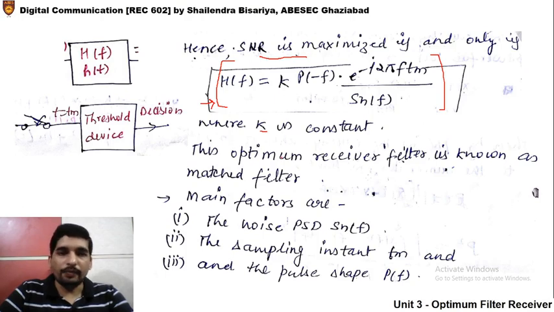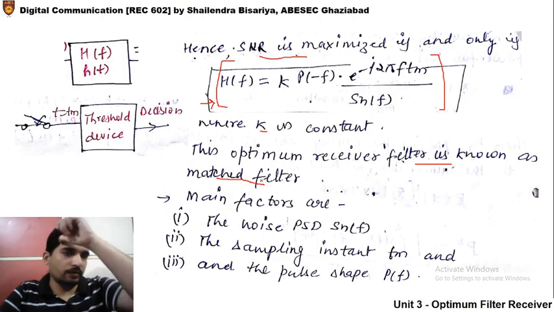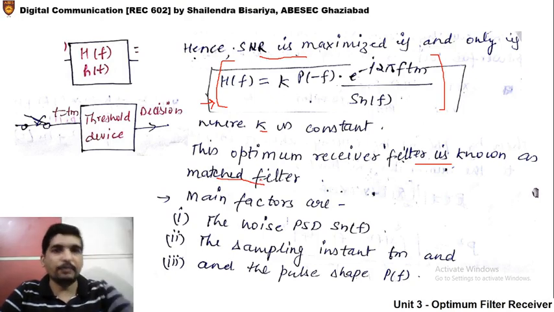Now the optimum receiver filter is known as matched filter, because it is matching the performance and matching the output to the input to give the best output.